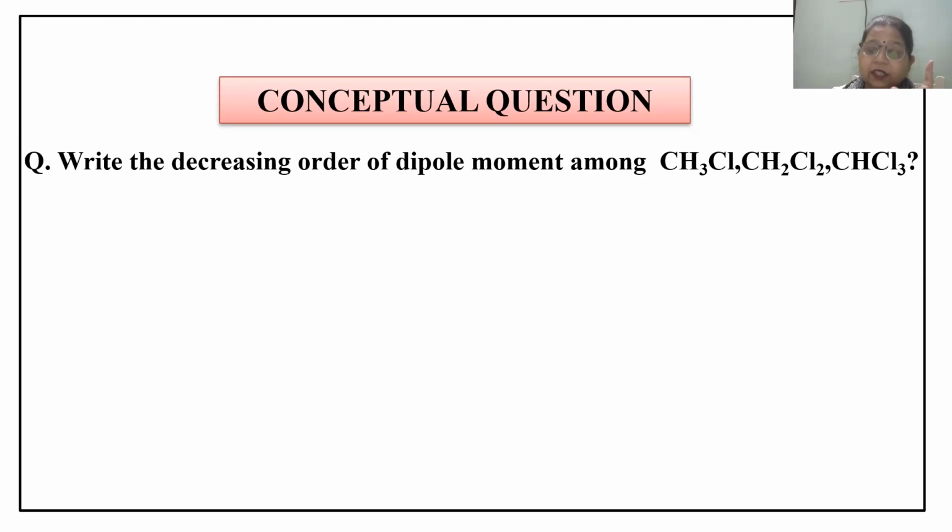You just have to understand which dipole is going to cancel each other, if not completely, then partially. See, here is the answer. CH3Cl will have the highest dipole moment, followed by CH2Cl2 and followed by CHCl3.